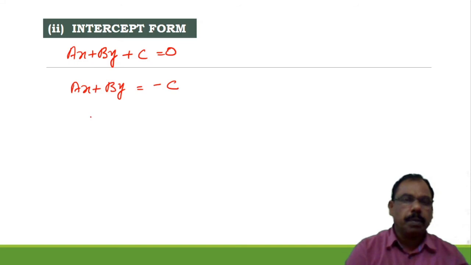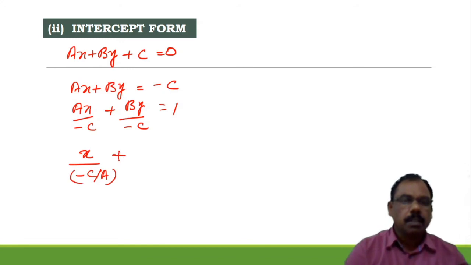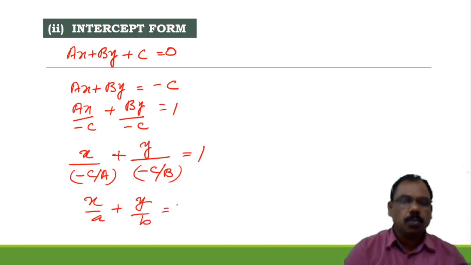Dividing throughout by minus c, we get ax divided by minus c plus by divided by minus c is equal to 1, or it can be written as x divided by minus c by a plus y divided by minus c by b is equal to 1, which is of the form x by a plus y by b is equal to 1.